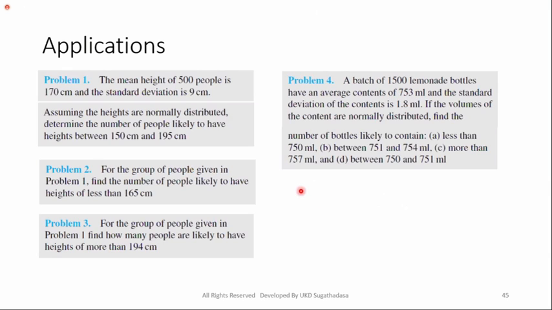Second line, probably 751 minus 753 divided by 1.8, less than Z, less than 754 minus 753 divided by 1.8. If you use the calculator to simplify, you get minus 1.11 less than Z less than 0.56.